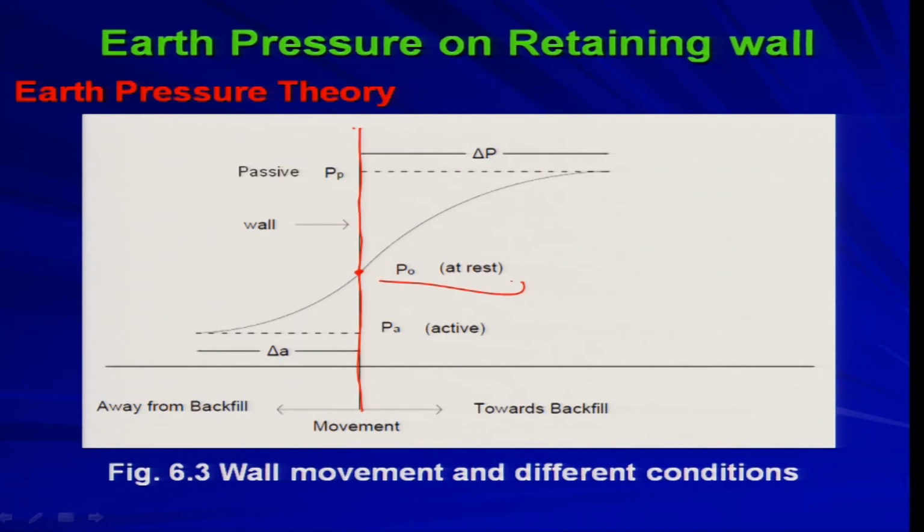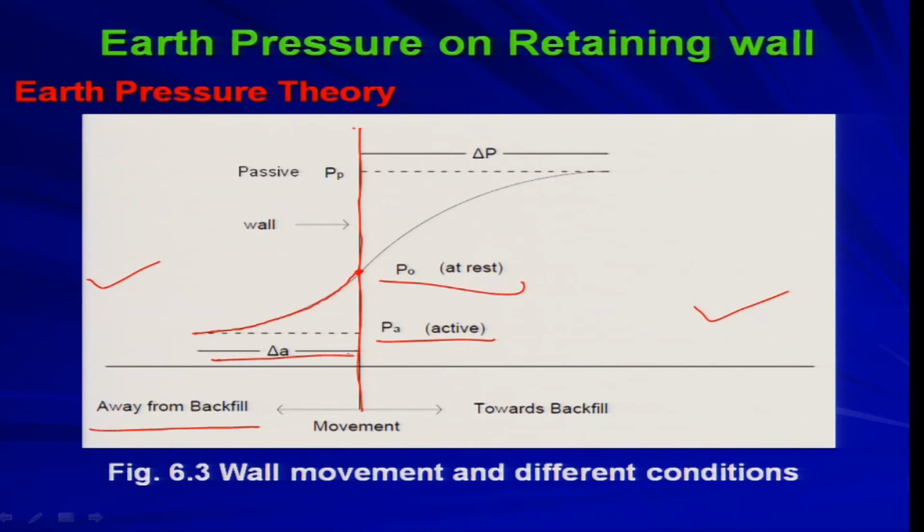Now, as I told you, if the wall moves away from the backfill, so this side is backfill, say this side is free. So, if the wall is moving away from the backfill, gradually your pressure is decreasing, and at ultimate state you will be getting the active pressure, that is PA, and at that time this movement, delta A, is the movement required to get the active pressure.